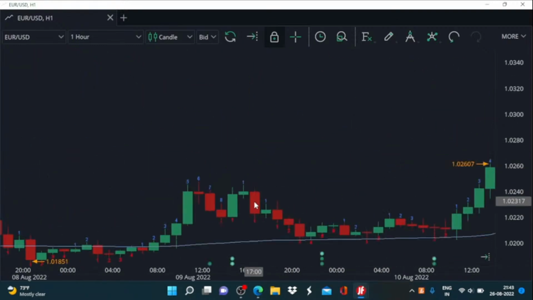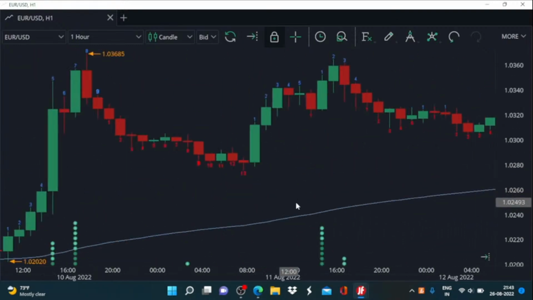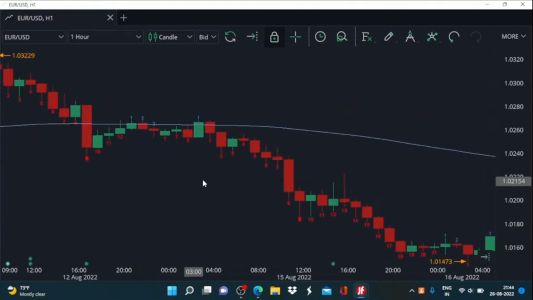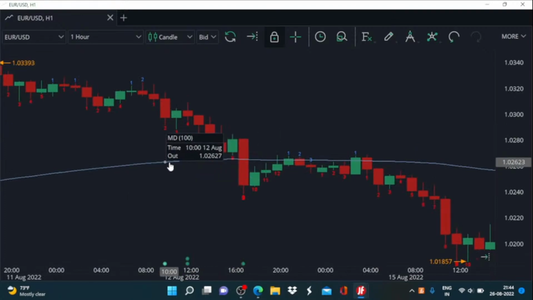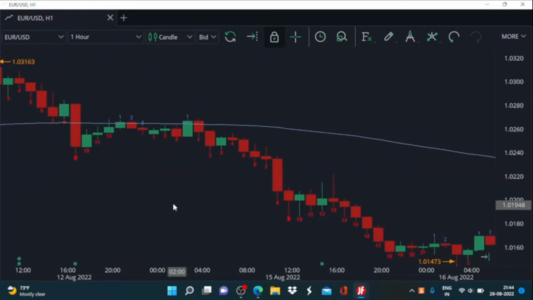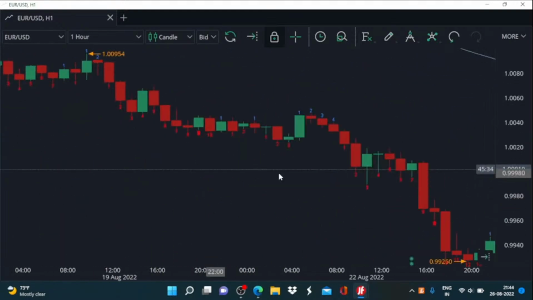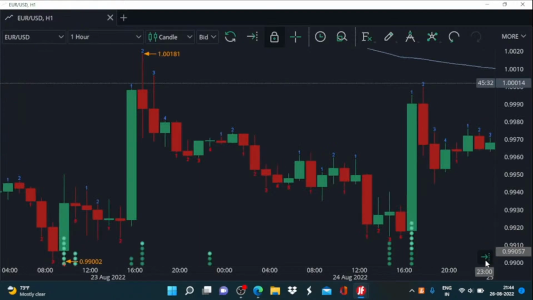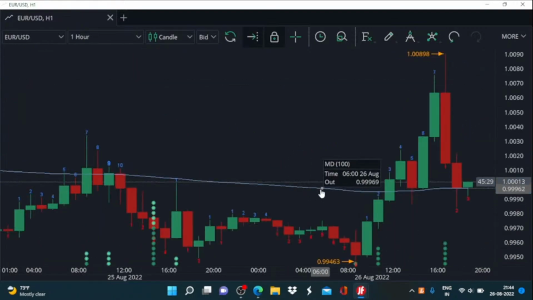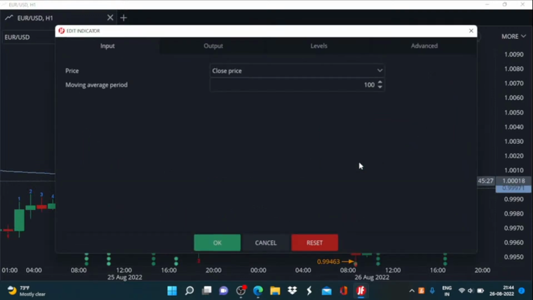Only in that scenario, when the price action shifts from upper side to the lower side or from lower side to the upper side, we will see in next coming hours the MD output value also shifting gears, and it will change the plotting of this MD indicator in consonance with the market price action data. Alright, so that's how this indicator works. Let's see what more can be done.